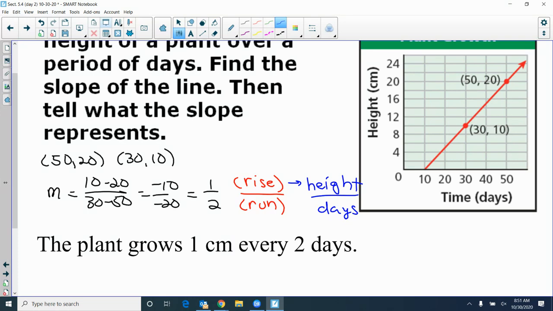So that's what it means. Now what if, for this problem, the slope was 3/5? What would you say? The plant grows 3 centimeters every 5 days. So it's gonna represent that.